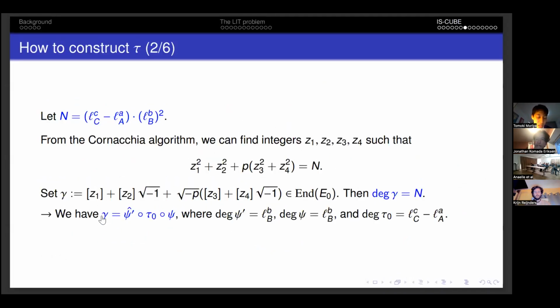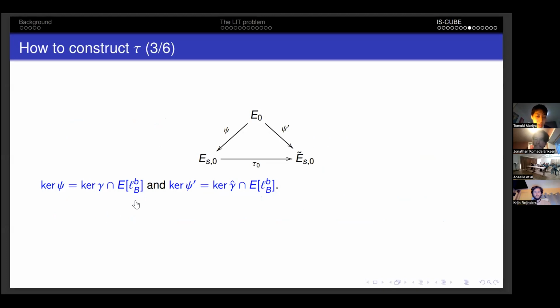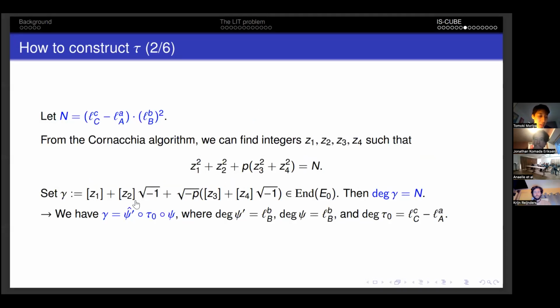Yes, the n here. If, for example, you take n instead to be LC minus LA to the A times something which is the square of what you need to get a uniformly random curve in the graph, then you are already sure that your gamma is somehow uniformly random, right?